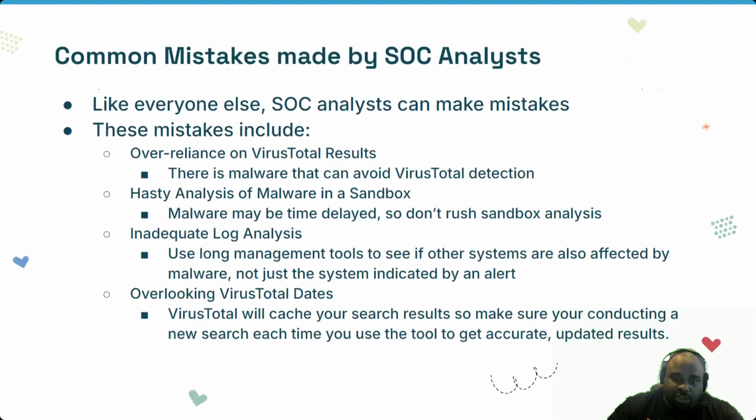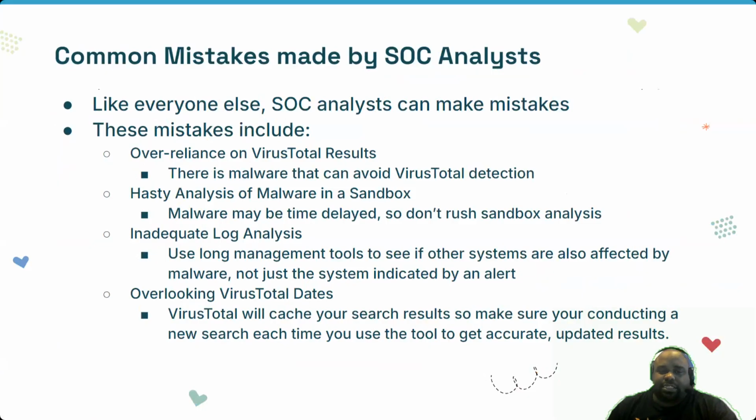You just didn't get the alerts for them. Once you identify an affected system, you also want to analyze the rest of your logs to see the actual scope of that event. How widespread is it, and is it affecting other systems that maybe I didn't get the alert on?